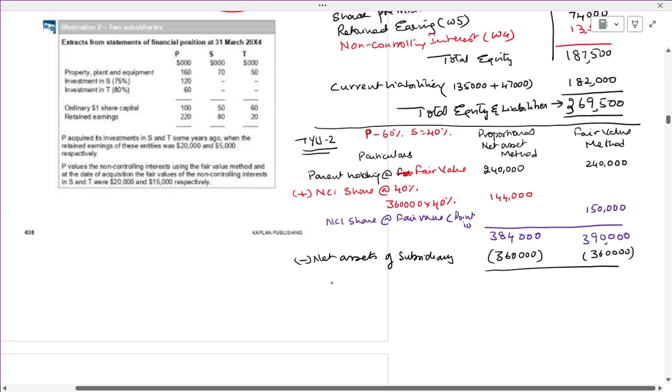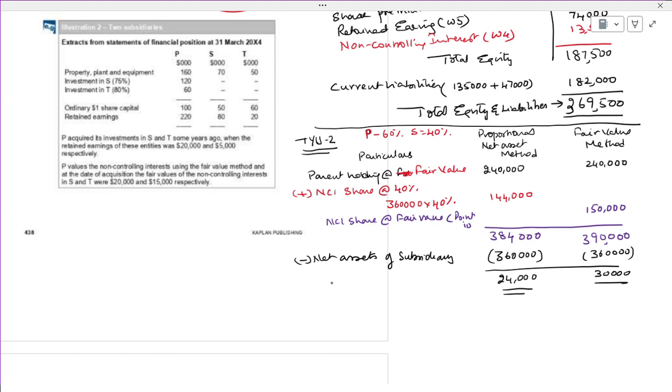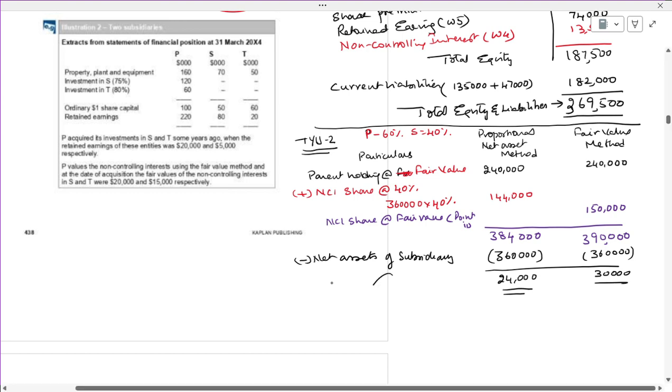The difference is how much? 24. Here, how much difference? 30. What is this? This is called goodwill.